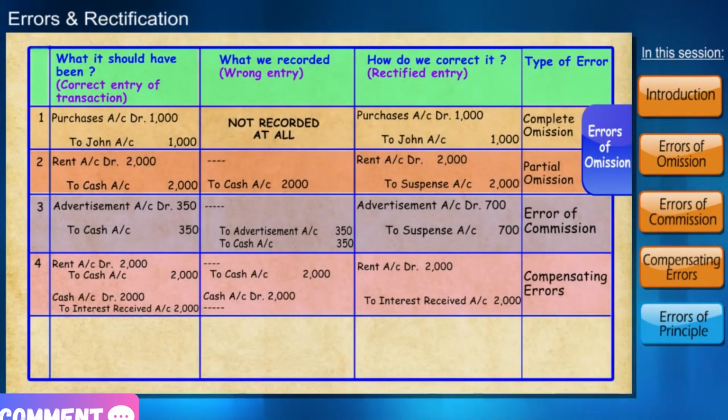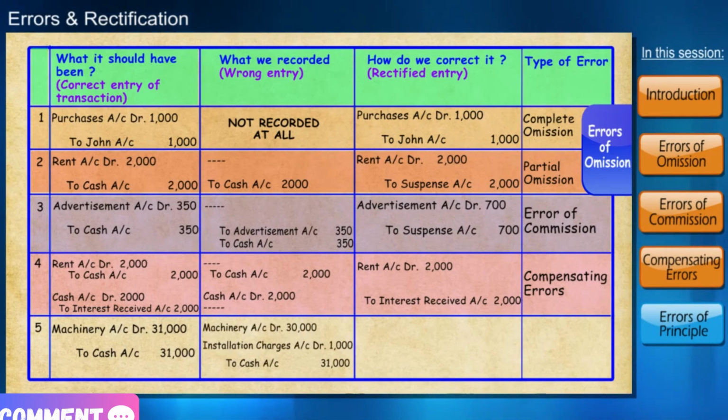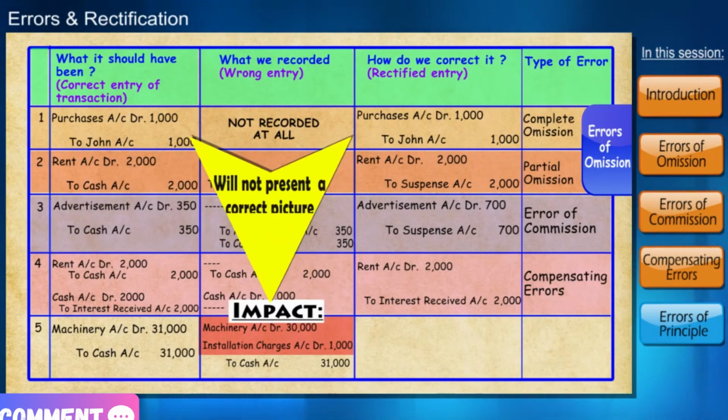So the entry should have been as follows. And what he recorded was this. Even though this would not really affect our trial balance or balance sheet, this wouldn't show a true and fair value of our asset and profit.